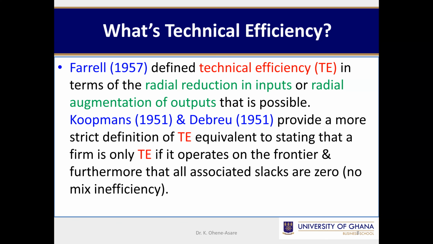Those inputs are now wasted. So the wasted 10 must be part of the computation of its efficiency. And if we include that as part of its efficiency, you will see that that firm will not be fully efficient. That firm will be inefficient, okay?